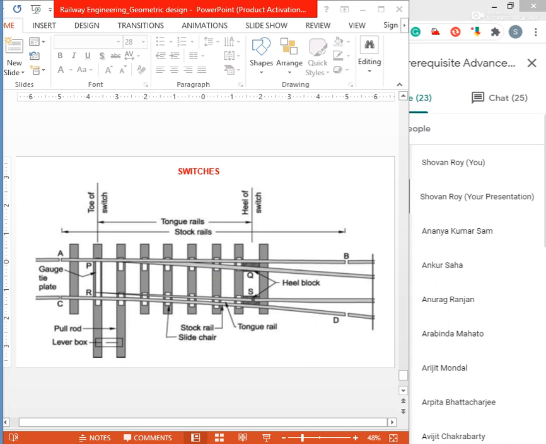Two or more stretcher bars connect both tongue rails close to the toe for holding them at a fixed distance from each other. Stretcher bars are also a component in the railway. A gauge tie plate is important for this switch section, to fix gauge and ensure correct gauge at points.